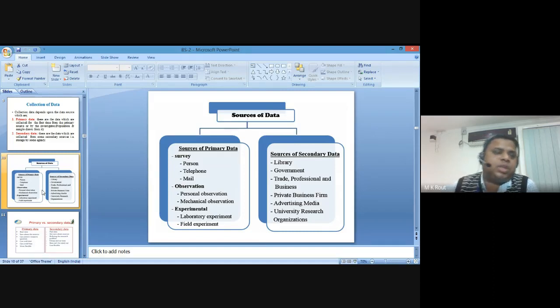The next and most important thing is mechanical observation. Why mechanical? This mechanical observation is directly dedicated to industry or any kind of manufacturing unit. In an industry or manufacturing unit, the operation manager or operation supervisor is responsible for taking a number of observations.